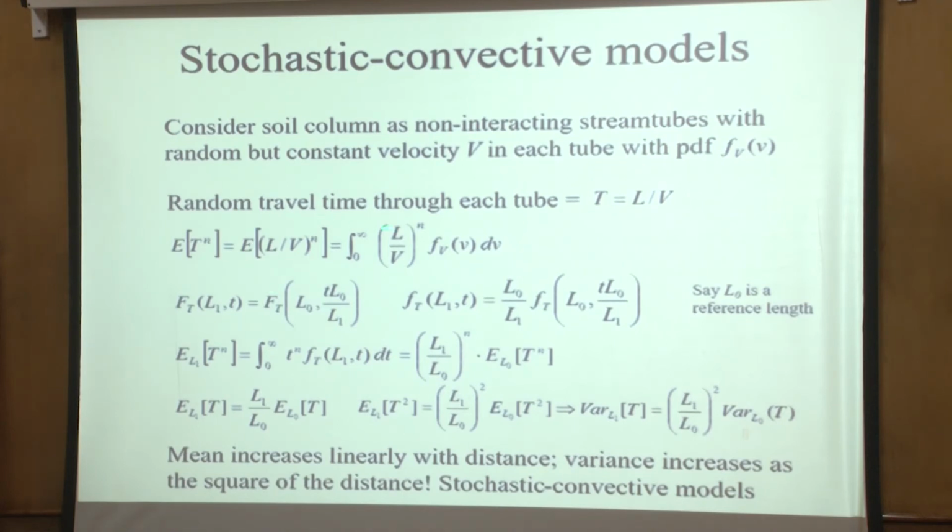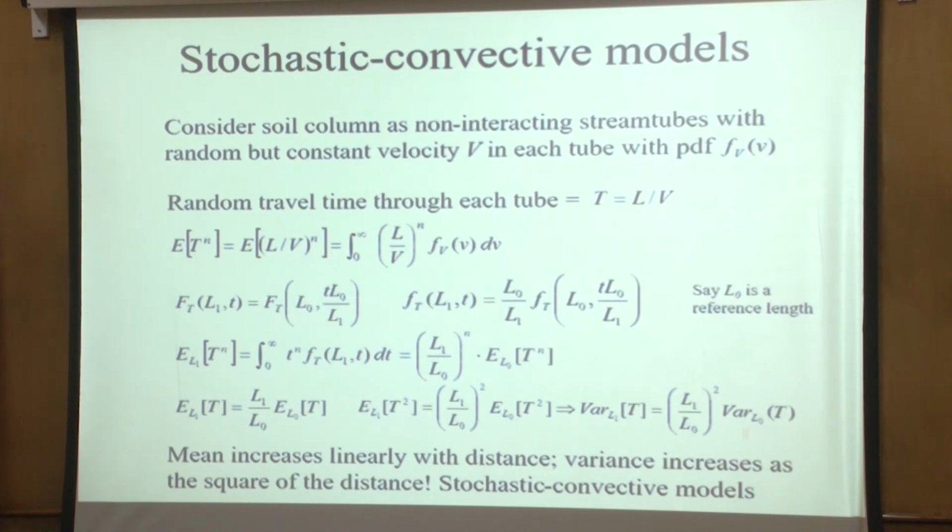So the random travel time through each tube now is L over V, but unlike the piston flow model, the V does not have to be the same in each column. It could come from some other distribution. So we could go ahead and basically say then expectation of t to the power of n is going to be this expectation, which now, because V is a random variable, we will essentially get this expression for the travel time distribution. So all this is fine.